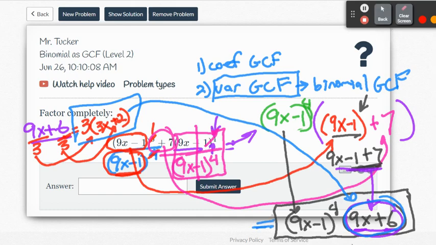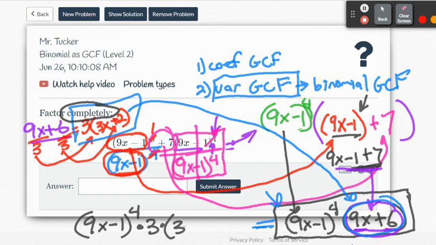So this answer I had was complete with the binomial as GCF process, but we can simplify one step further if we were to factor completely, which is what the directions say. So this is 9x minus 1 to the fourth, and then you just put times 3 times 3x plus 2. And that would be factored completely.